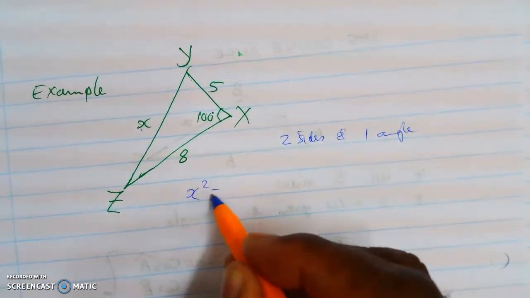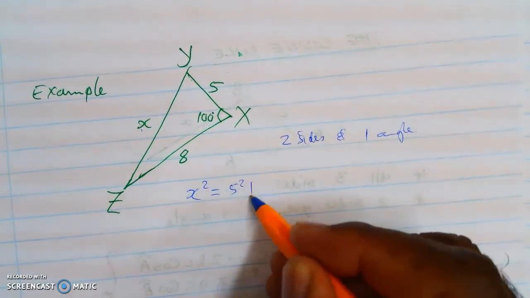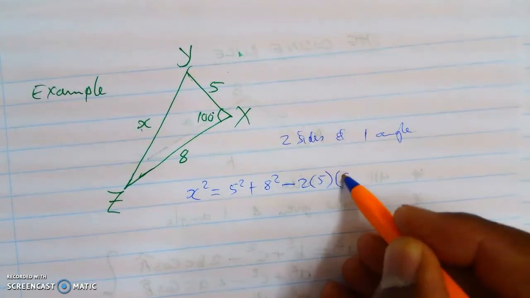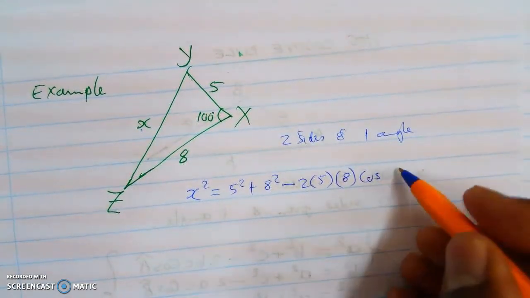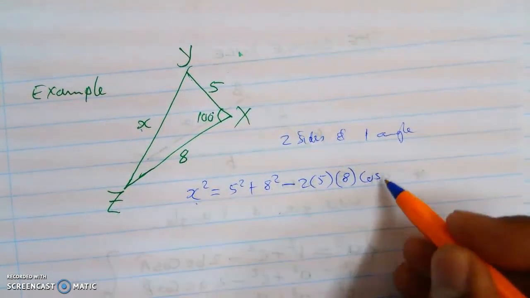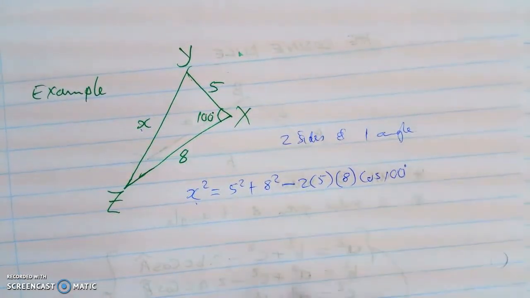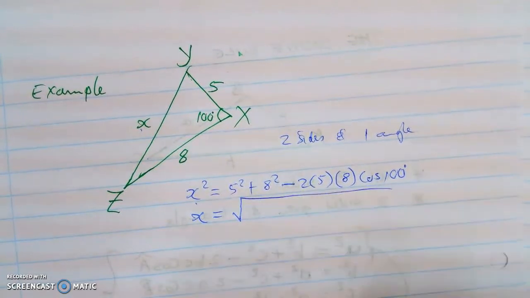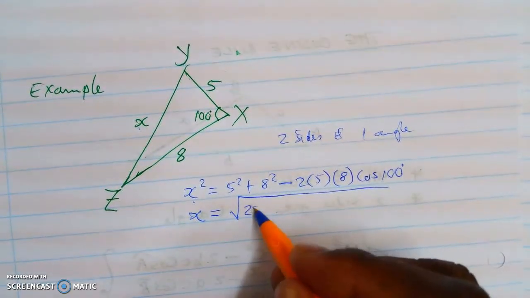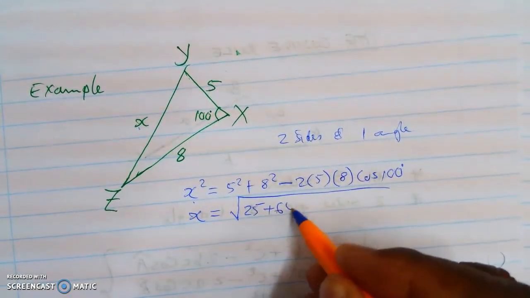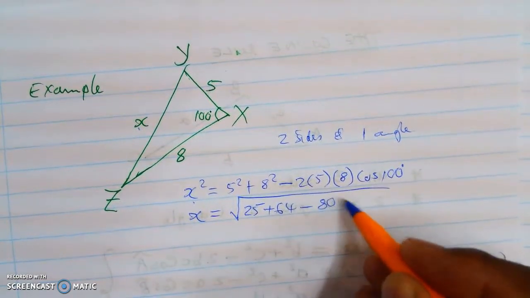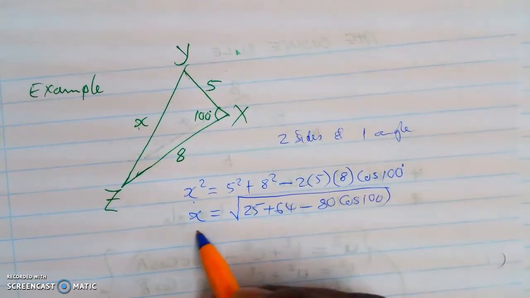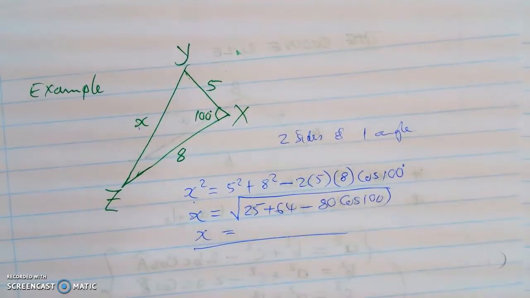So x squared is equal to 5 squared plus 8 squared minus 2 times 5 times 8 cos the angle that's facing x, which is 100 degrees. Then you can just use your calculator: 25 plus 64 minus 80 cos 100. Just punch it as it is, and then you find the length.